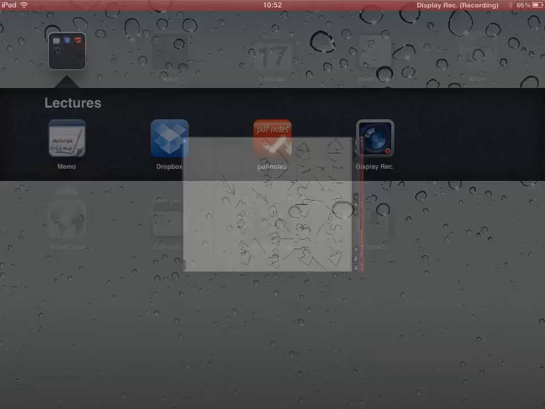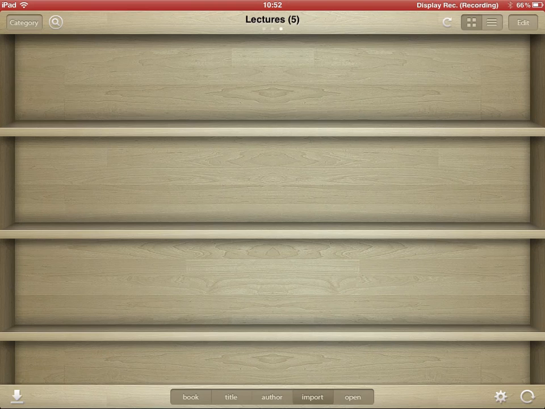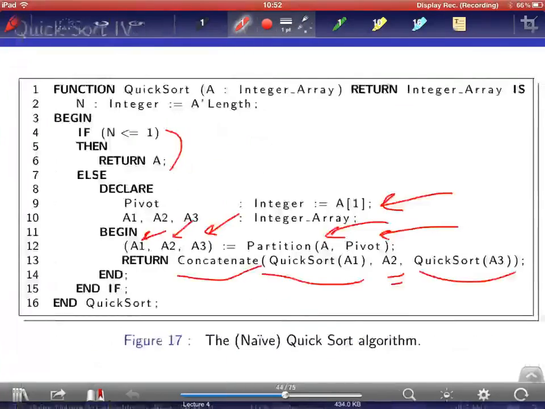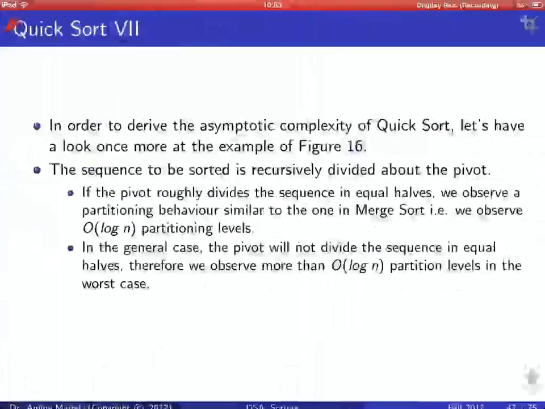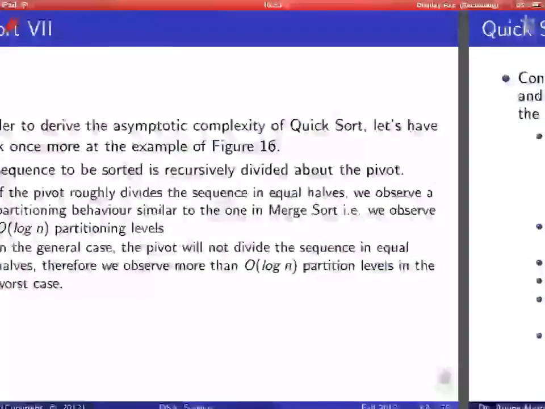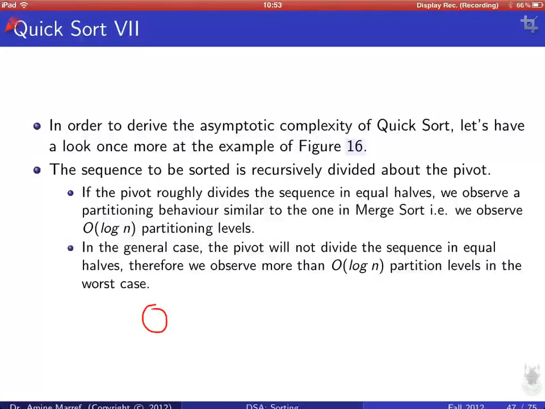So it's this code, and the partition is basically saying for all elements inside the array A, if the element is less than the pivot, then throw it in this subsequence. If it is greater, put it in this subsequence. If it is equal to the pivot, then put it in this subsequence. So this is partition, and it traverses the loop. At this level it costs 8 steps to traverse the loop.